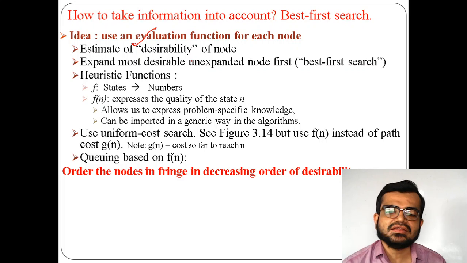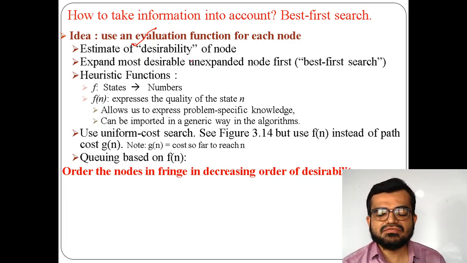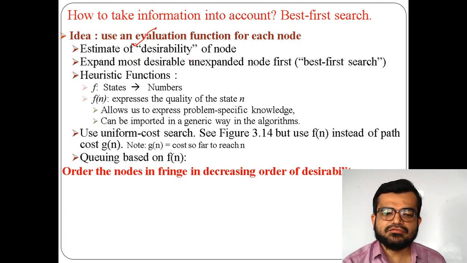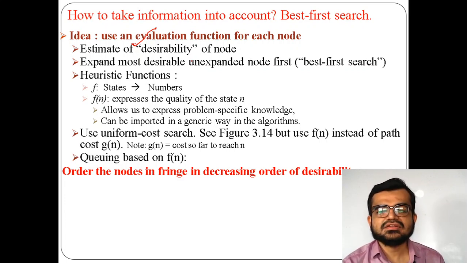So in that way, decreasing order of desirability. That means D is desirable first, so that should be put first. Fringe means here getting the results with less amount of cost.